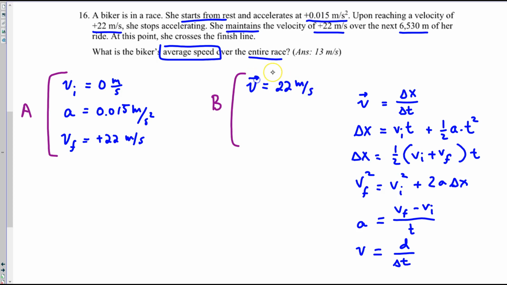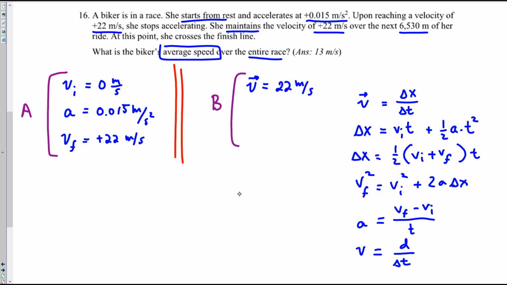She maintains the same velocity. So the next question to think about, can we use the same equations for A that we would use in B? Are the two segments really just one big segment linked together, or is there something dividing the two up?